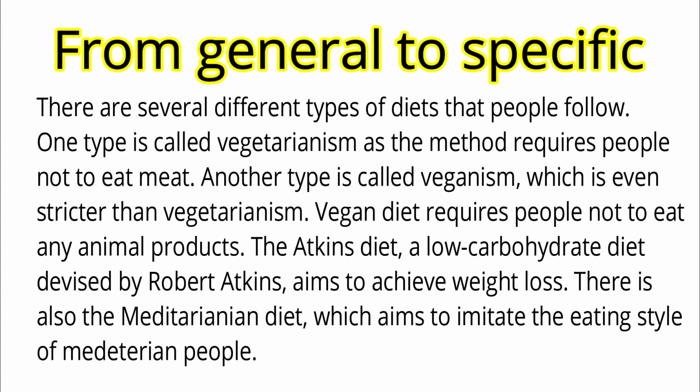The Atkins diet, a low-carbohydrate diet devised by Robert Atkins, aims to achieve weight loss. There is also the Mediterranean diet, which aims to imitate the eating style of Mediterranean people. The first sentence, there are several different types of diets that people follow, is the general statement, and the rest are details that support the general statement.